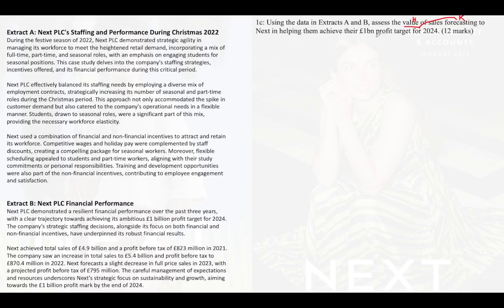We also need to understand what profits are made of, and we've talked about that in the previous video. And so our hook is value of sales forecasting to helping them achieve their profit target. Okay, so we've got something there that we can actually write.